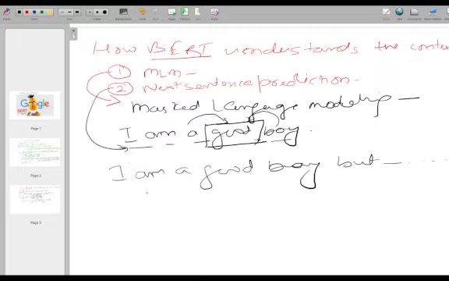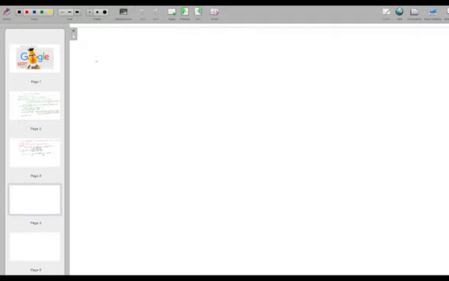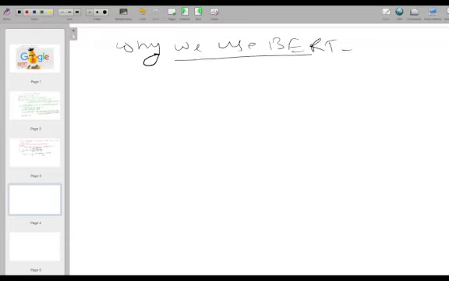Why we use BERT, this is something very important. Like I said, BERT was trained using two objectives: one was masked language modeling and the other was next sentence prediction.